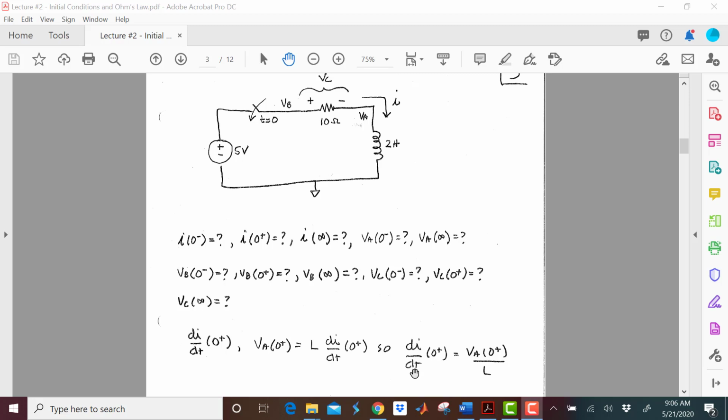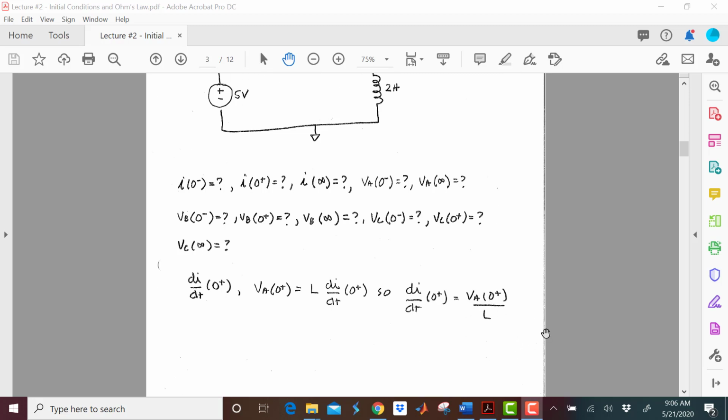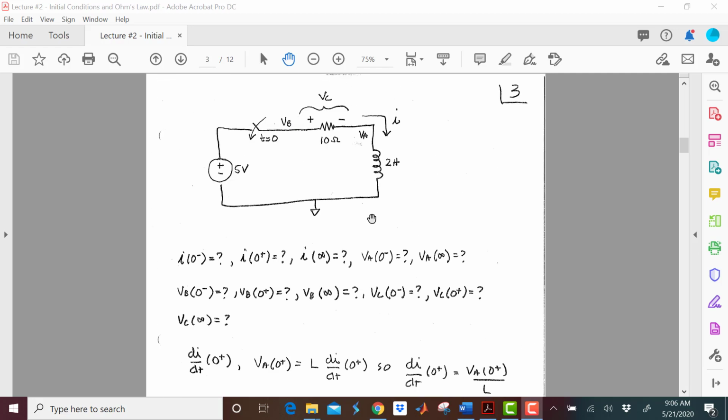So di dt is equal to V over L. And so what is that going to be? Well, remember we said that at t equals 0 plus, the current here won't change, but the voltage can. So at 0 plus, we're going to be 5, no current, so no voltage drop. 5 minus 0 is 5.